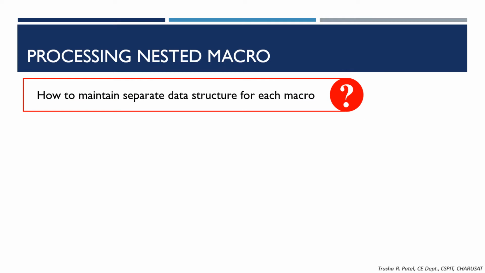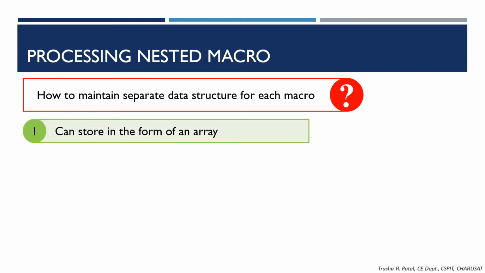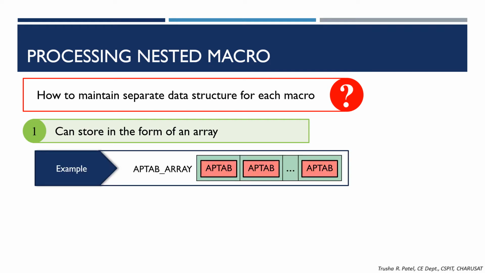Now the question is how to maintain a separate data structure for each of the macros. So the first possibility is we can store it in the form of an array. For example, we can create one array, APTAB underscore array, and that array consists of all the APTABs for all the nested macros, right?